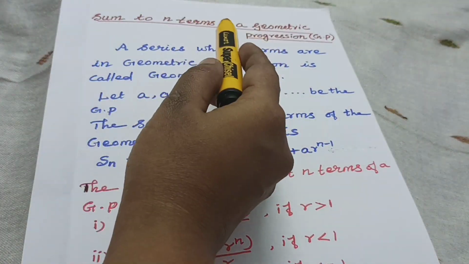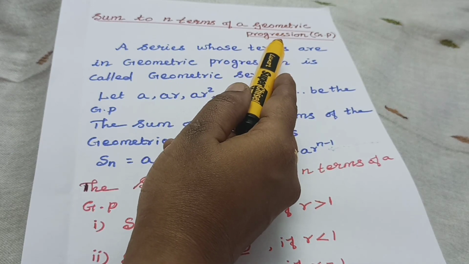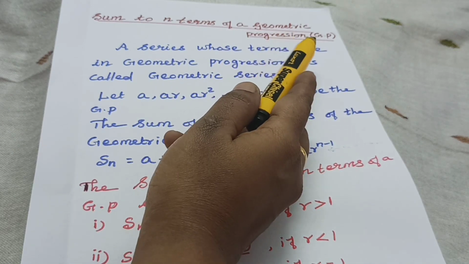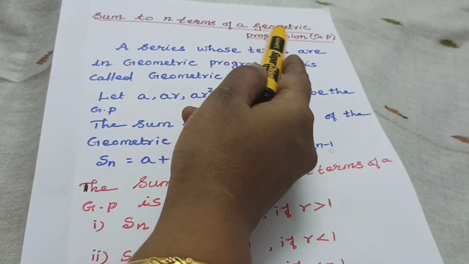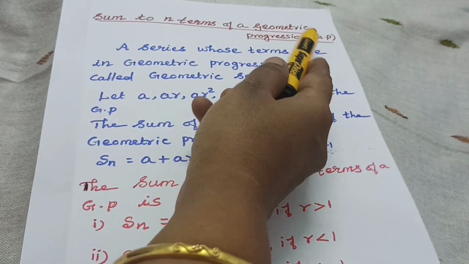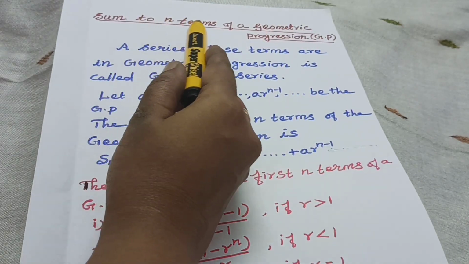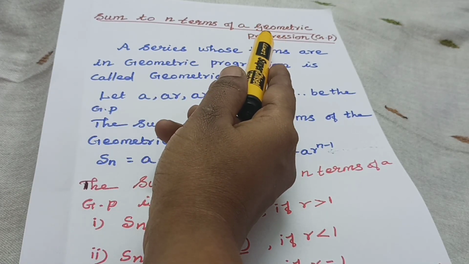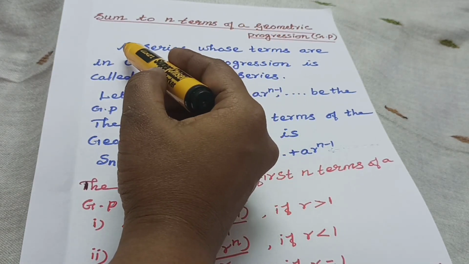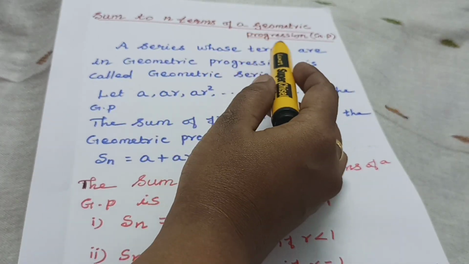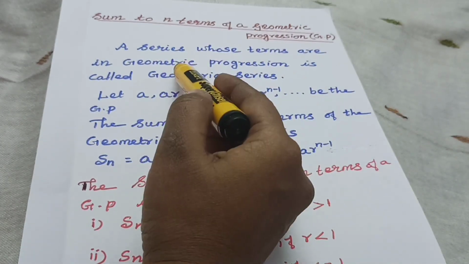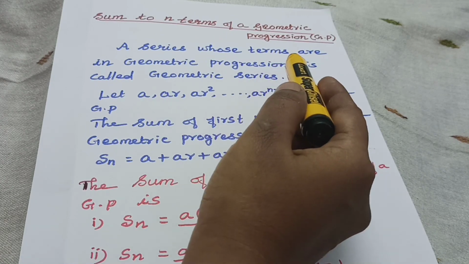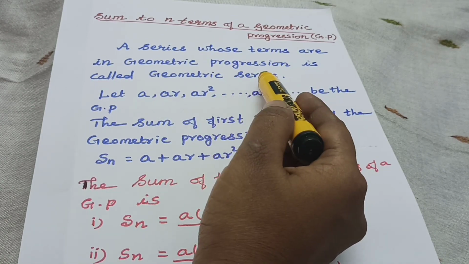Sum to n terms of a geometric progression, that means GP. A series whose terms are in geometric progression is called the geometric series.